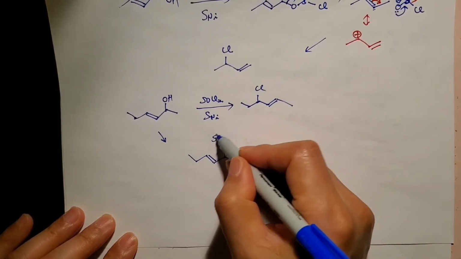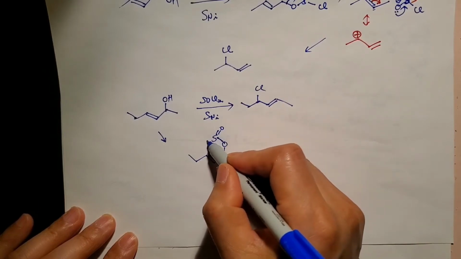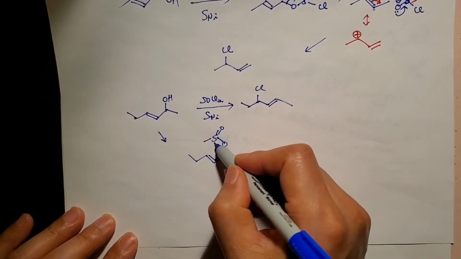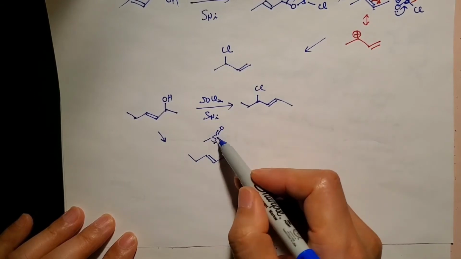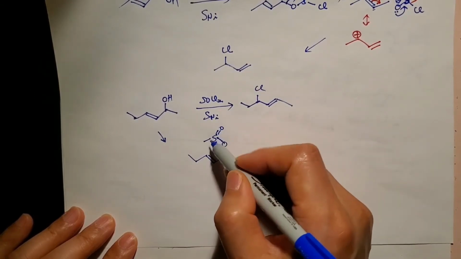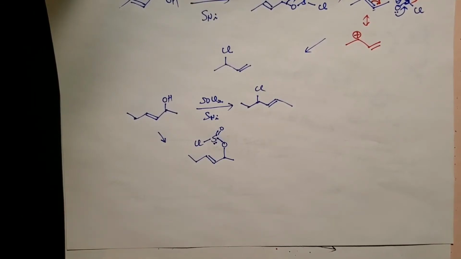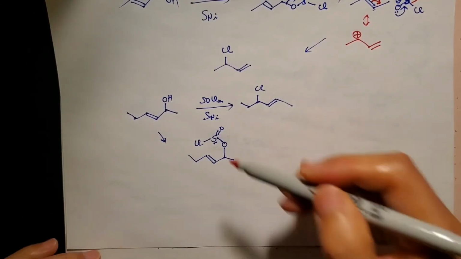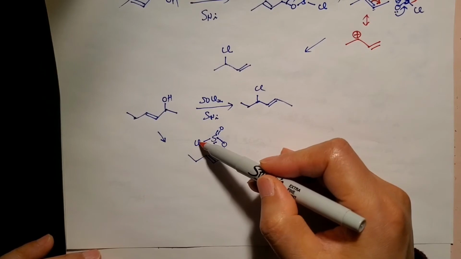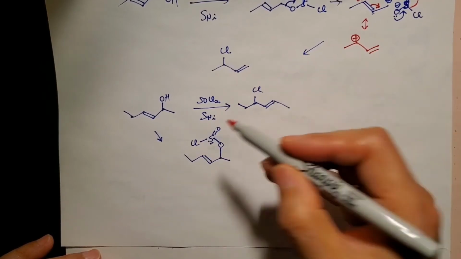Then you have sulfur, and the sulfur still has a lone pair as an sp3 hybridized sulfur. We talked about this before, like this. Then you can see the chlorine is already close to this.